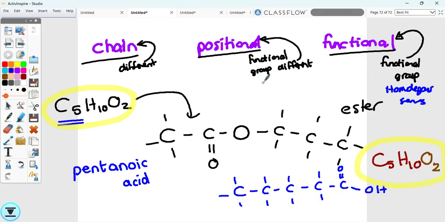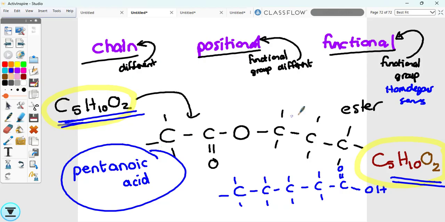And the problem is with alkenes, alkanes, alcohols, you can never ever get them to have the same molecular formula and have a different structural formula for those. And so that's why it's always going to be a carboxylic acid and an ester for your functional group isomers.